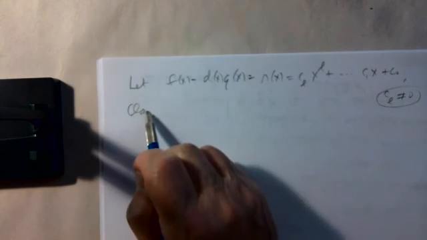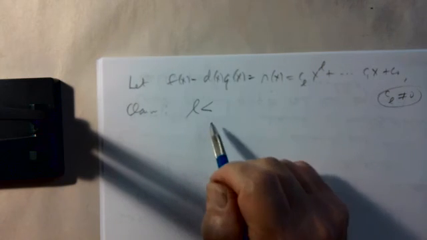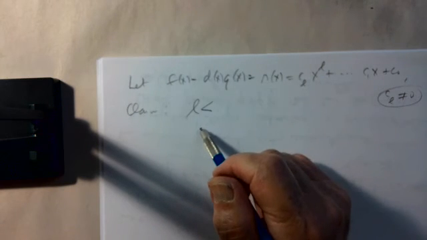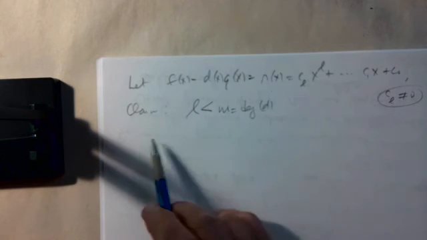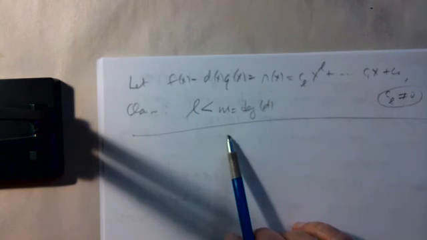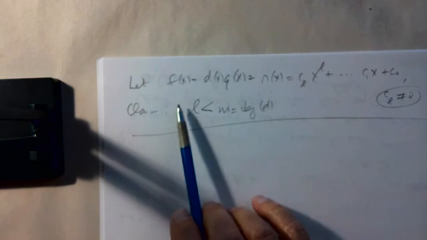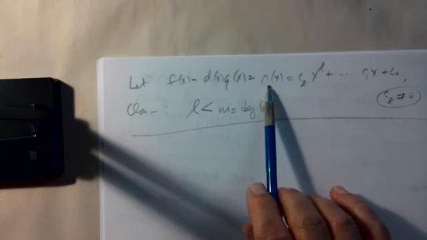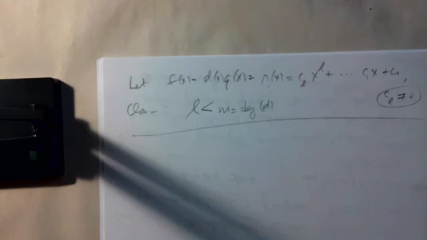And I claim that L is less than m, which is the degree of d. All right, if I can show that, then I proved half my theorem. I proved you can always write f as dq plus r, where r is either 0 or has smaller degree than d. So this is a proof by contradiction.